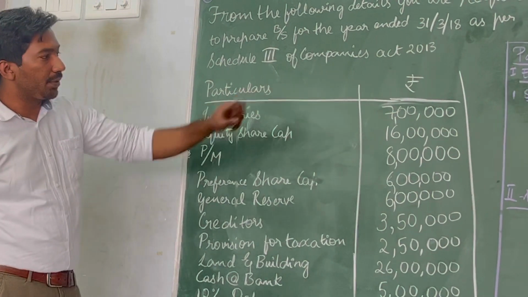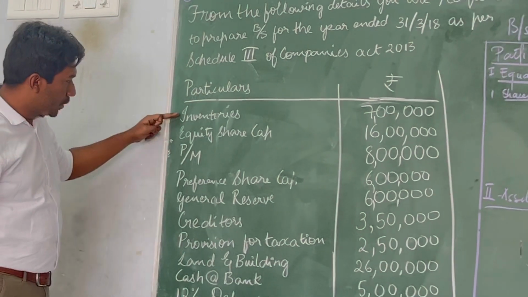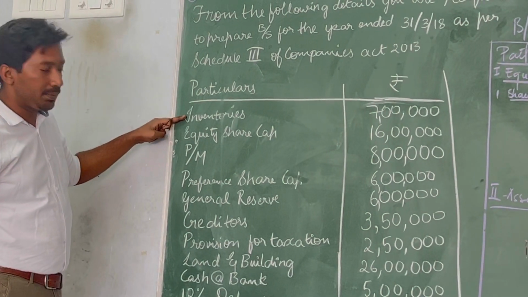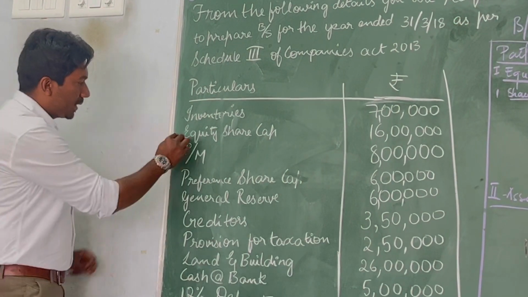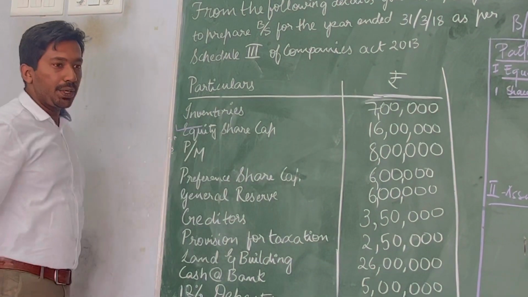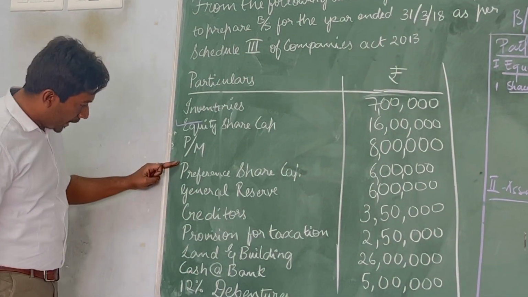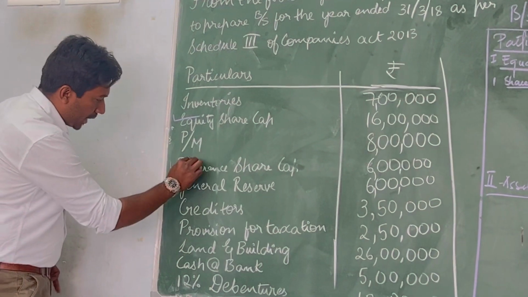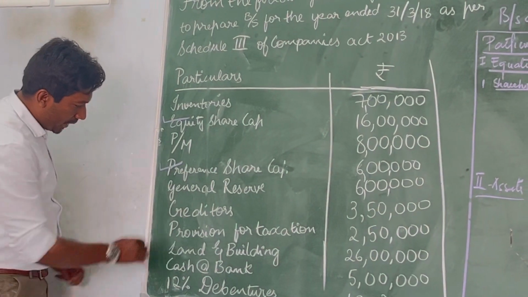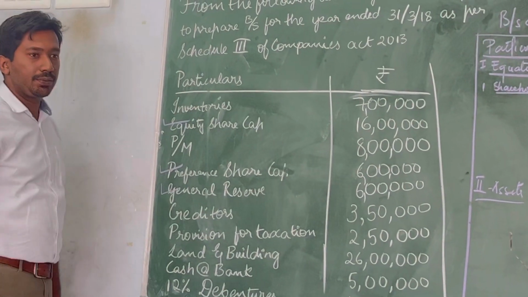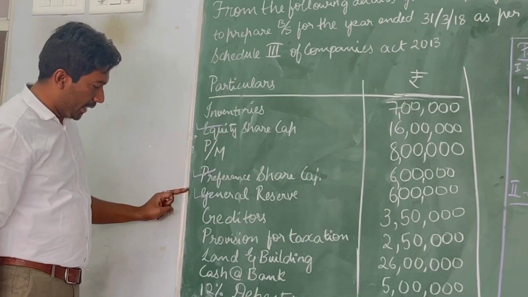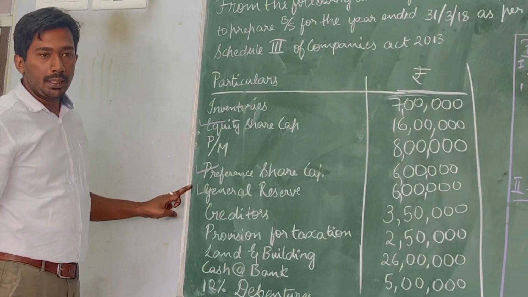First thing is they have given shareholders fund. So we will see what are the things which come under shareholders fund. First item is equity share capital. The next item we have is preference share capital. The next we have is general reserve. These are the 3 items which will be coming under that heading.